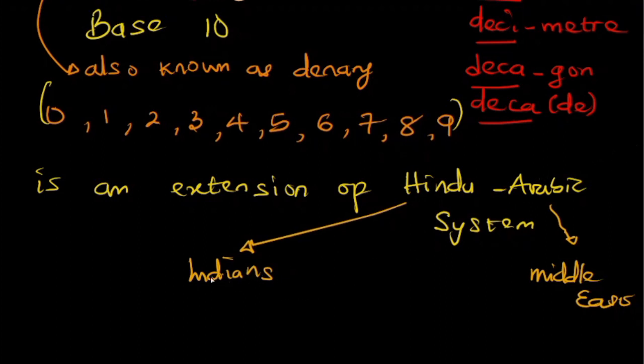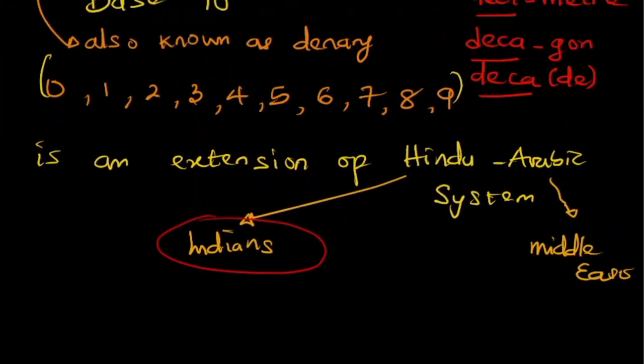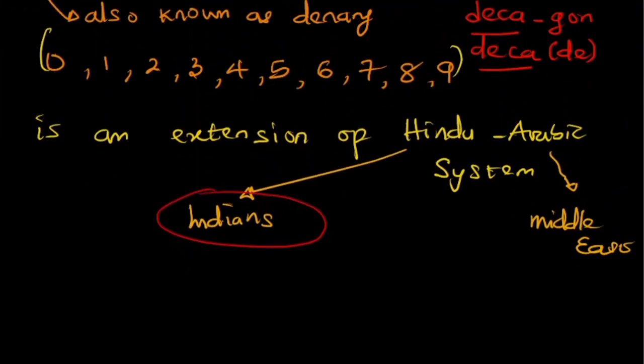So these Indians were the first to come up with the system. Arab mathematicians then adopted it and started making adjustments. Over time, the glyphs evolved into what I wrote here as 0 to 9.